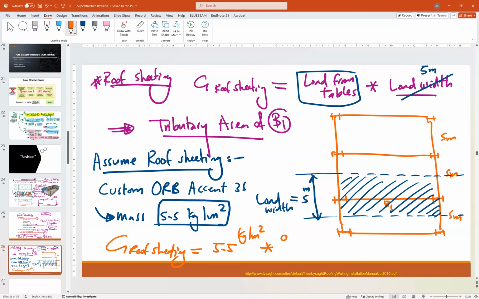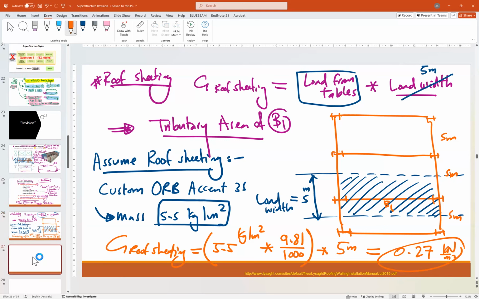You need to multiply by 9.81 and divide by 1000 to be in kilonewton per meter square, then multiply by the load width, which is 5 meter. This gives you the value of the dead load due to roof sheeting. For example, 5.5 times 9.81 is 0.27 kilonewton per meter squared.